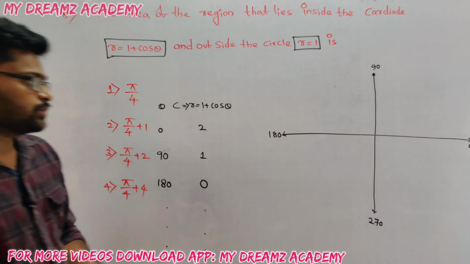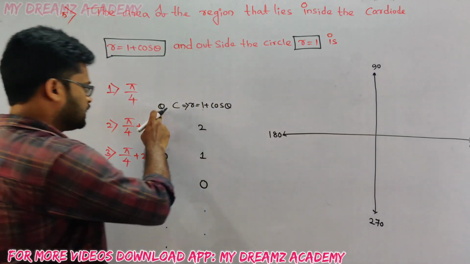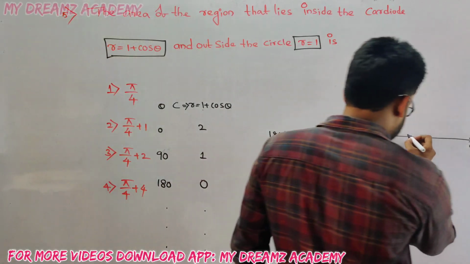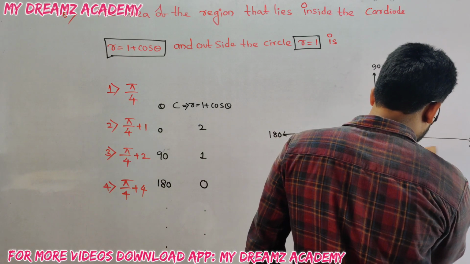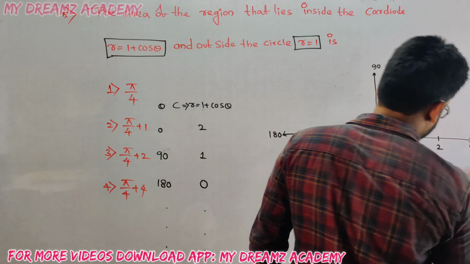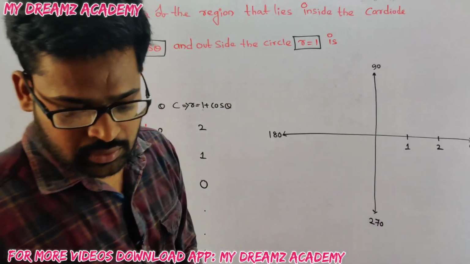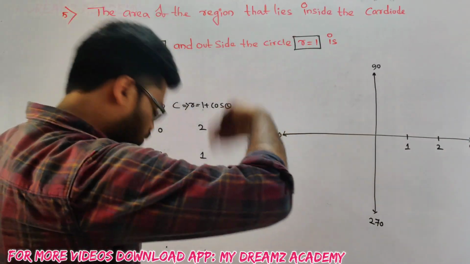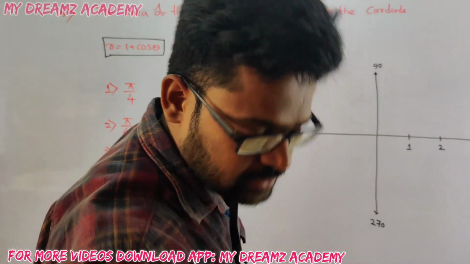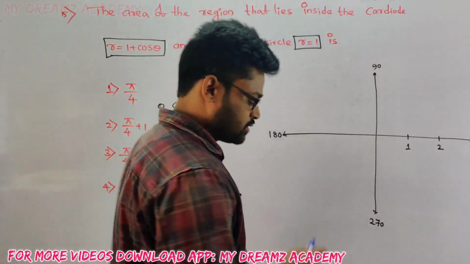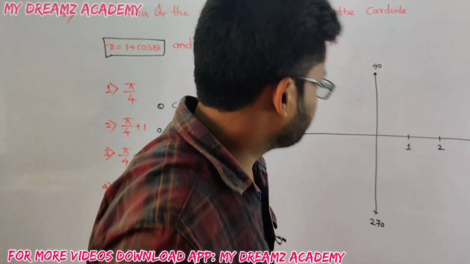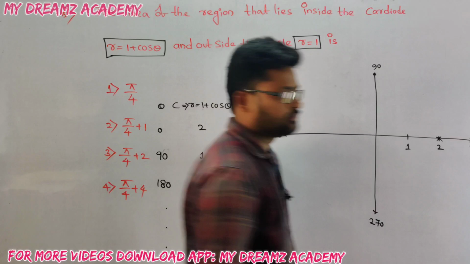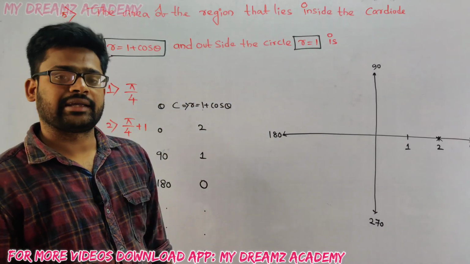Okay? Now at theta equal to 0, the magnitude is 2. Let us consider this one is 1 and this one is 2. Now here the theta value is varying from 0 to 360 degrees. So at theta equal to 0, it starts from magnitude 2 with the angle 0.